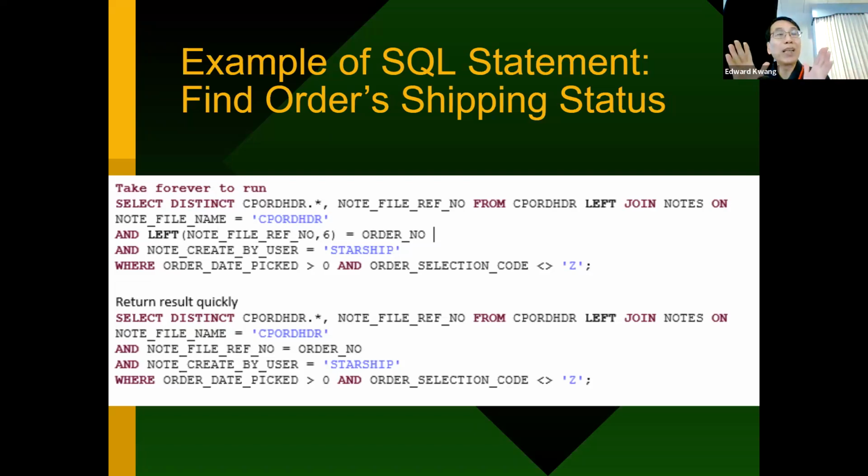Okay, but let me summarize it. The first SQL statement has to use a left join, right? So essentially, the P-SQL engine cannot use the index directly. And guess what, the note database is 9 gig.